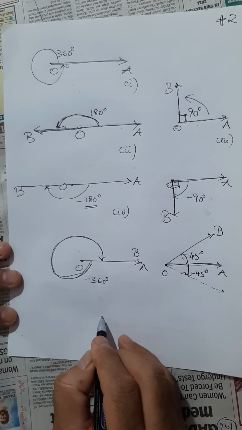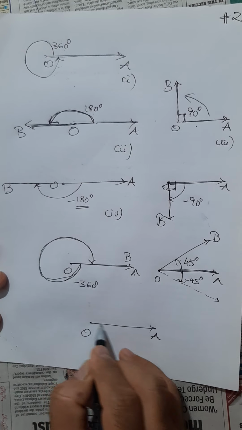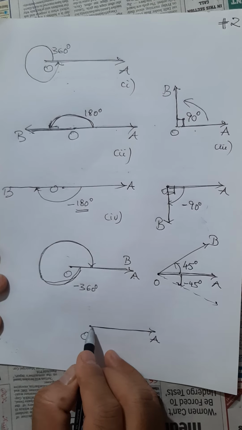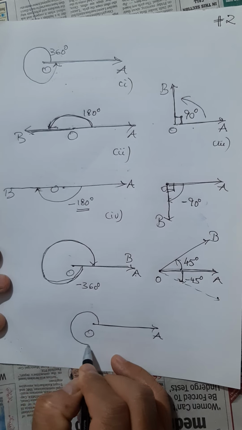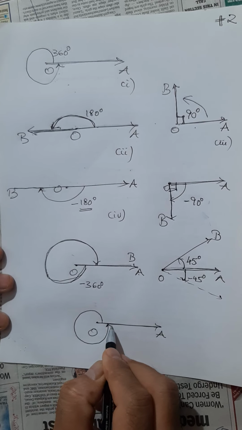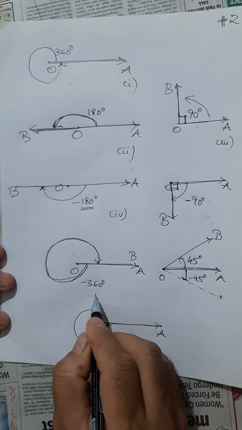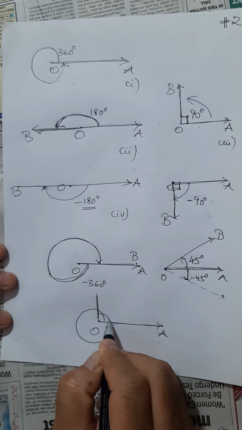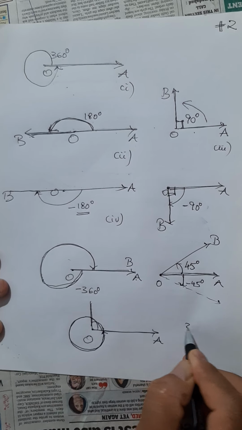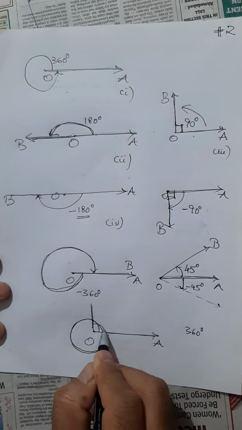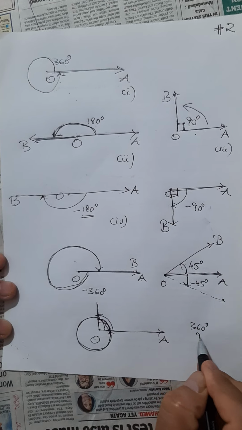Now suppose this is the initial position. I'll start from this. I'll complete one rotation here, so 360, and then again I'll do this much over here, this one, this is 90.